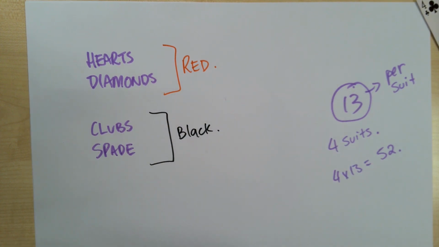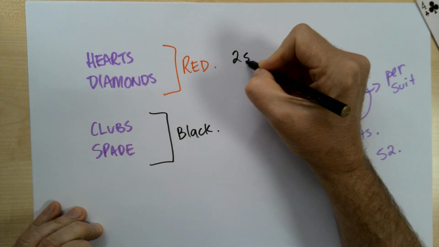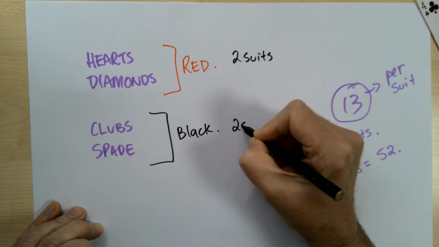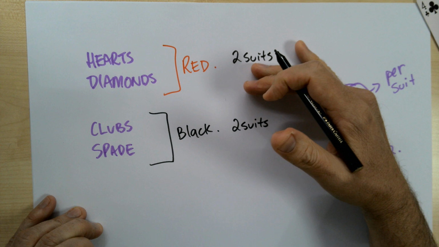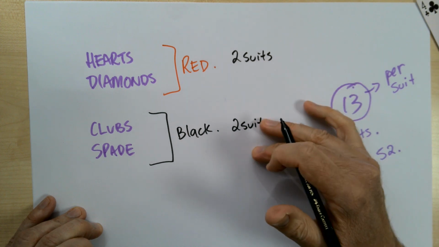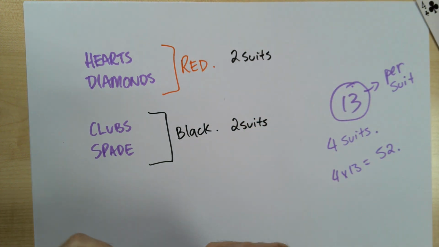So it's 2 suits in each one. 13 cards each way, so there's 26 cards there, 26 cards there. So that's basically the breakdown.